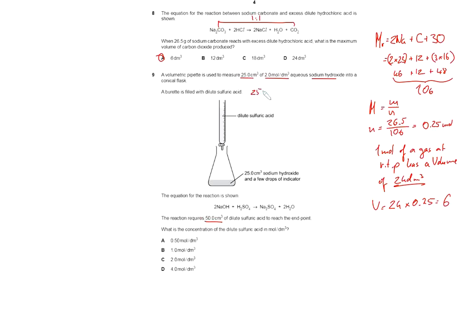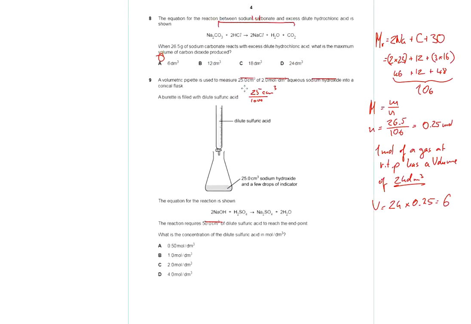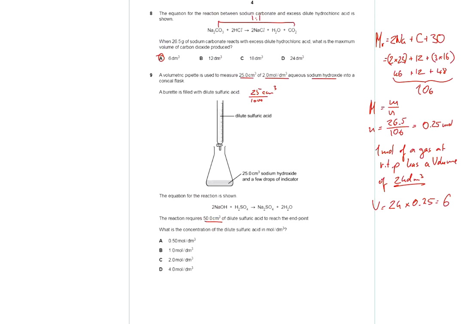So 25 centimeter cube divided by 1,000 is equal to 0.025 decimeter cube.